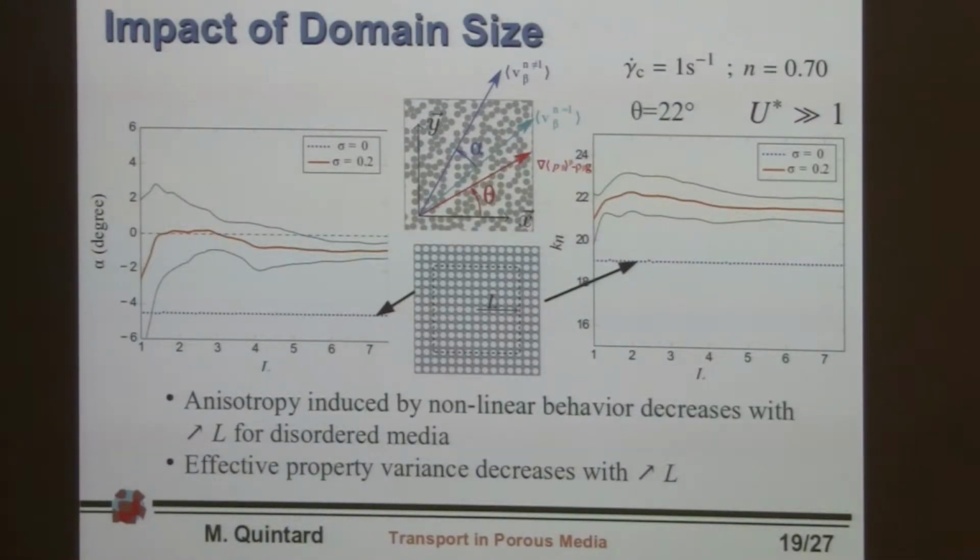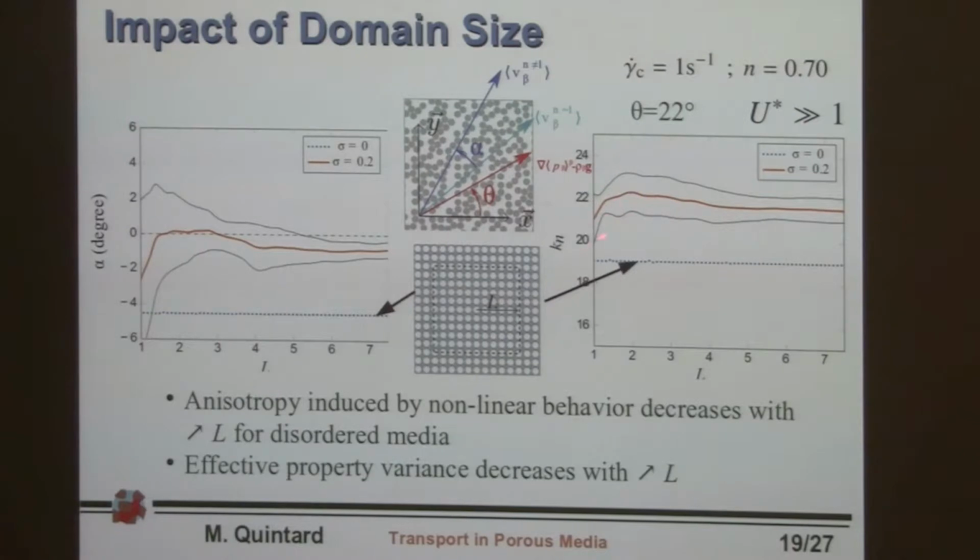What I observe is the following: if I have a small averaging volume, then I have an average angle which is non-zero, and the variance of that angle is quite large. And the good news is that if I increase the size of the averaging volume, then I get a much smaller variance and also a much smaller angle.